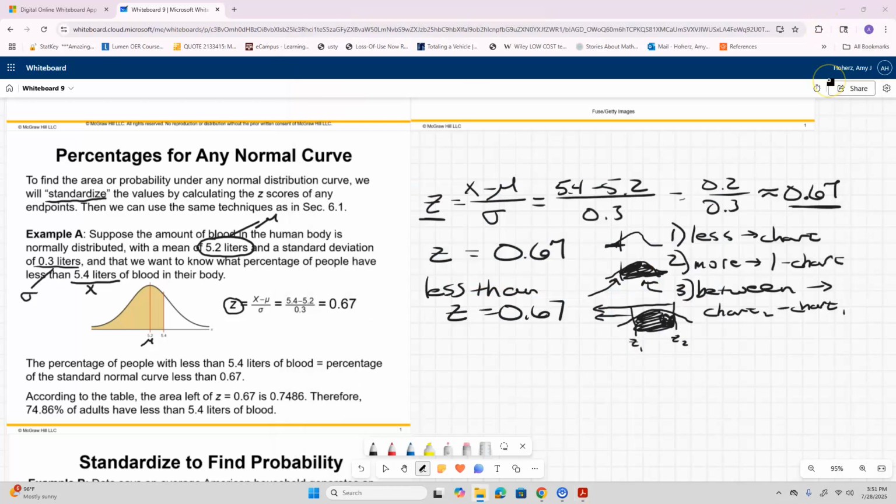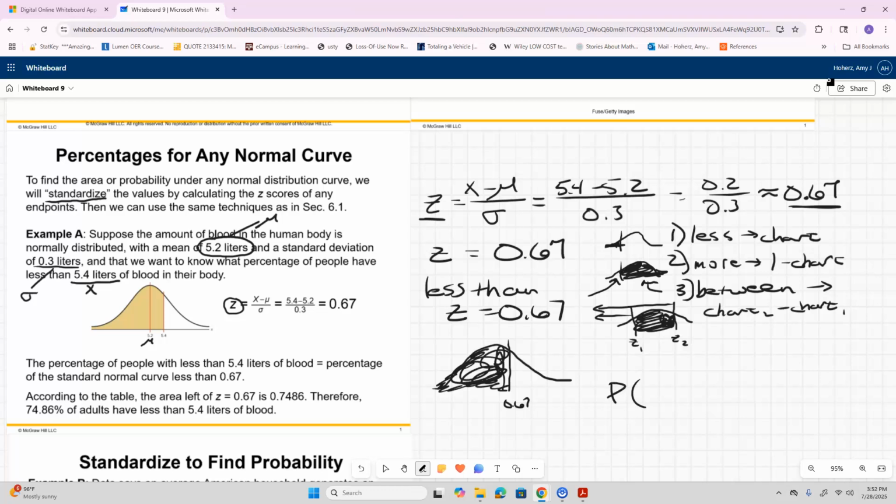We're saying that from a Z of 0.67, let me try to make that curve a little bit better. Okay, so from a Z of 0.67 down, that is 0.7486 of the chart.